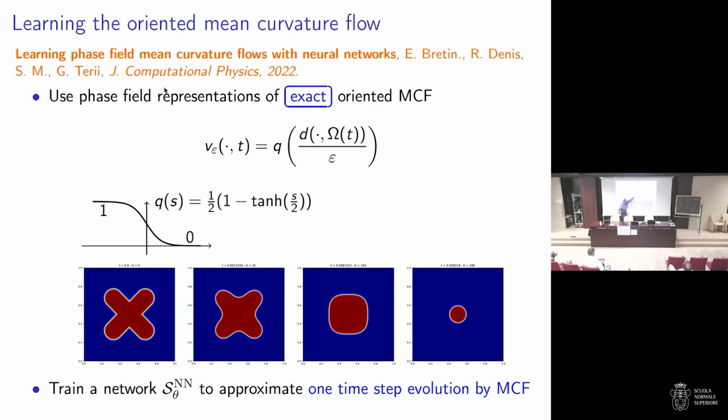And if this is an exact evolution by mean curvature flow, I take the optimal phase field approximation associated with this exact evolution. So really here, I do insist on the fact that this is a real exact evolution, and I'm taking an optimal implicit approximation of this exact evolution, okay? And we train a network to approximate one-time step evolution.